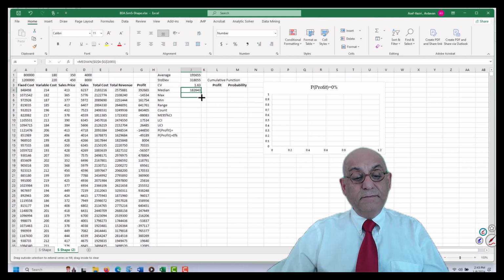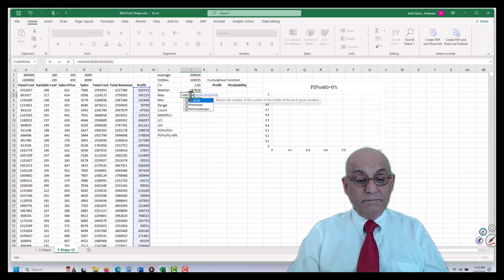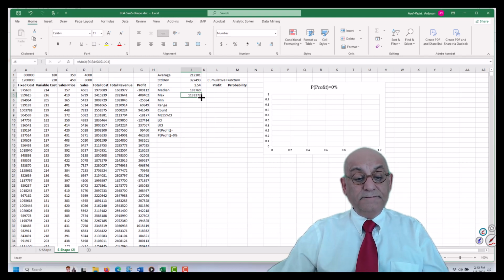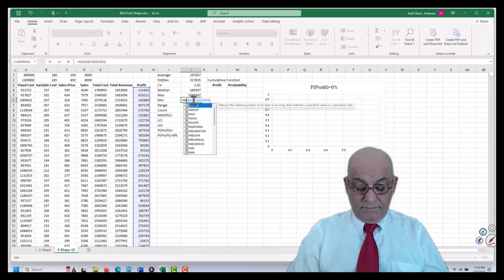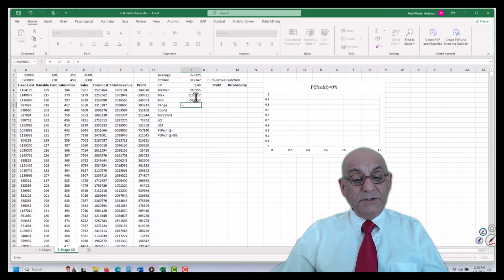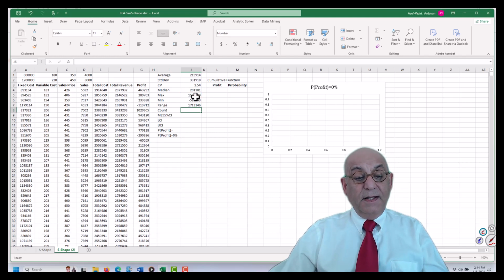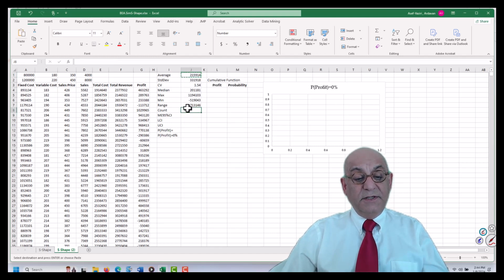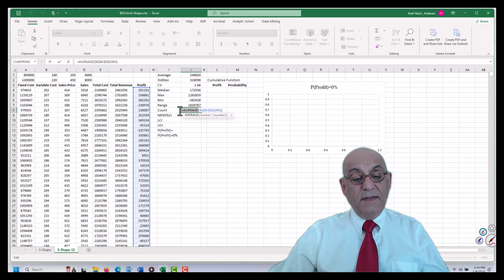Max, min, range, maximum minus minimum, count. We know it is 1000, but still you like to have it here.